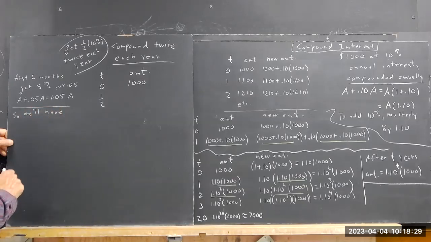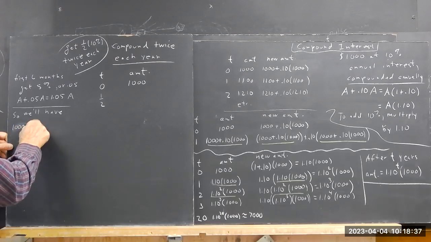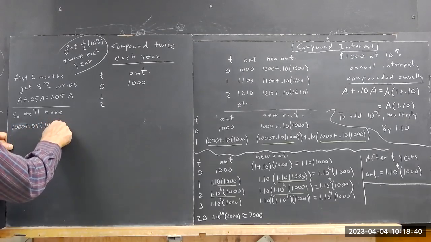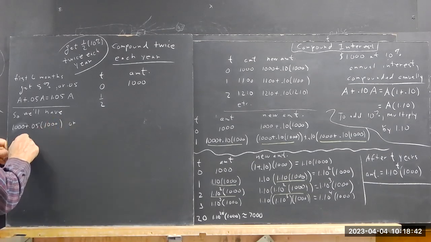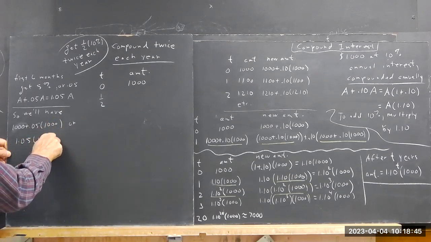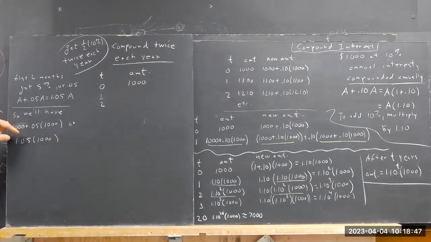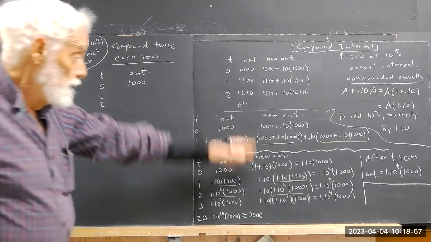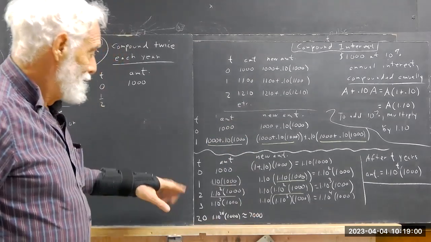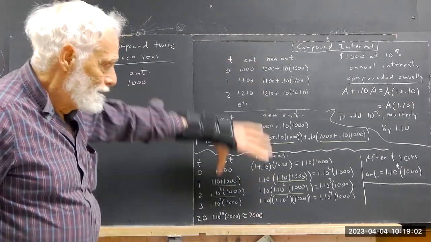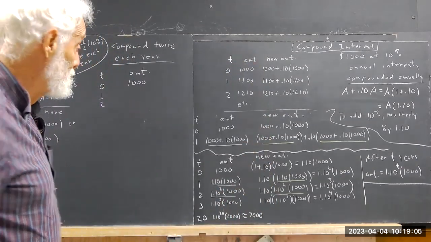So we'll have what? 1,000 plus our interest. We could write that compactly as 1.05 times 1,000. Now, if I'm going to imitate what we did over here, people are not really writing down the details of these columns.